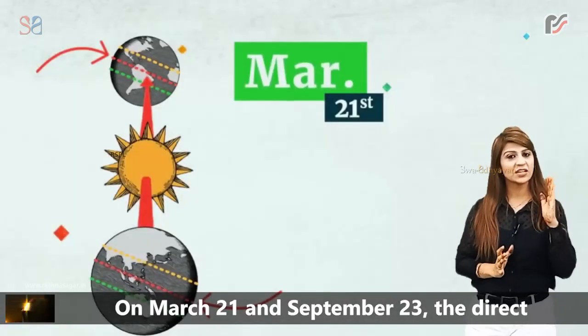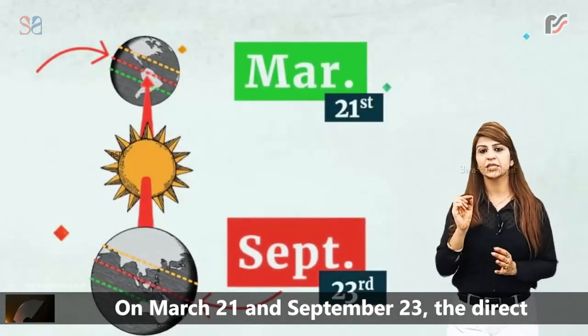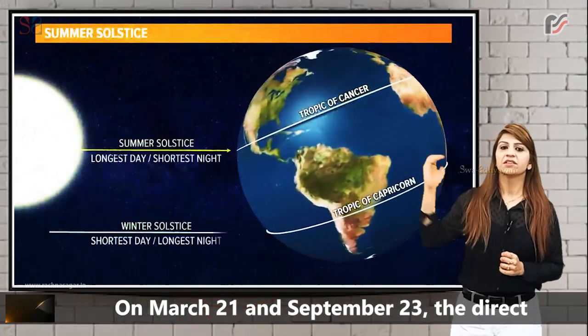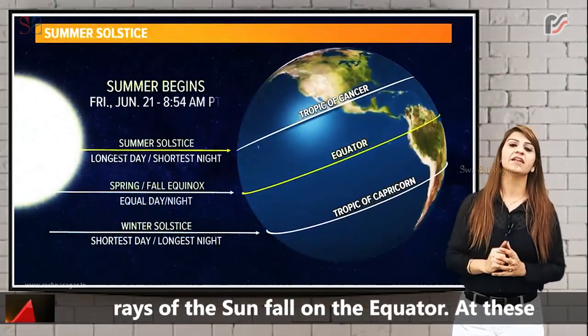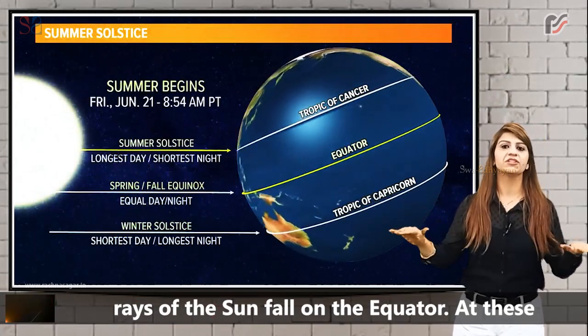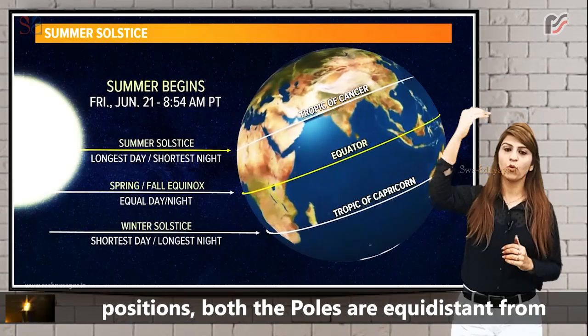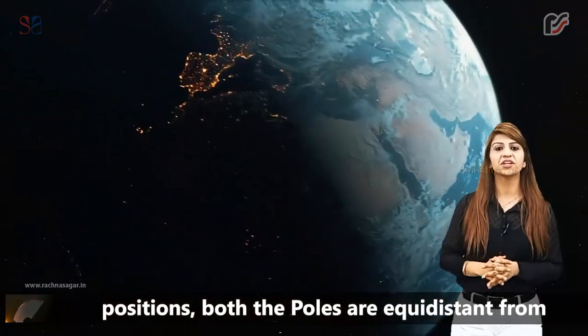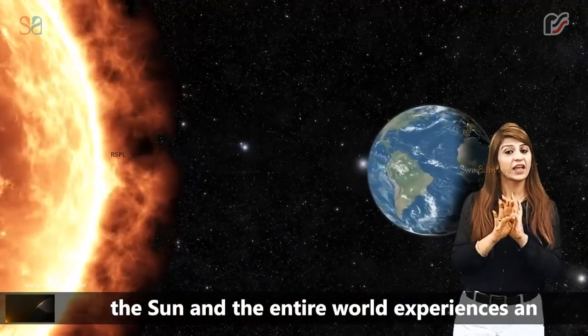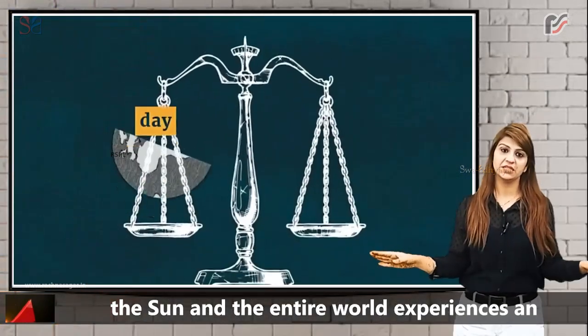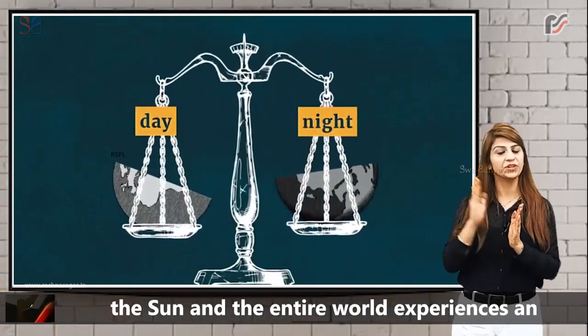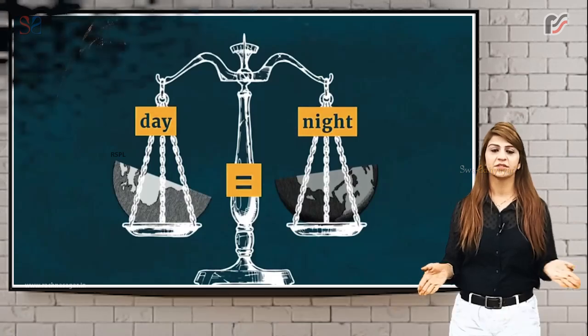Equinoxes. On March 21 and September 23, the direct rays of the sun fall on the equator. At these positions, both the poles are equidistant from the sun, and the entire world experiences an equal duration of days and nights.